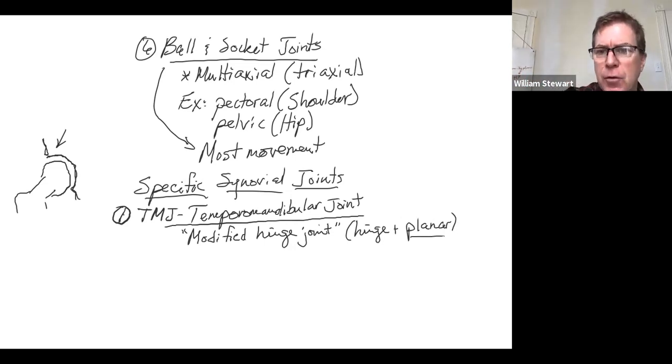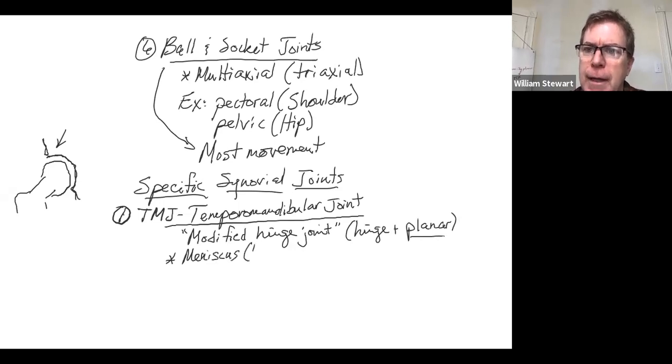So the anatomical components of this joint, I'm not going to go into super detail, so I'm not even going to write this out. But the components are, there's an articular disc, so this joint does have a meniscus in it. I'm just going to put like the knee joint. So there is a pad of fibrocartilage in there.